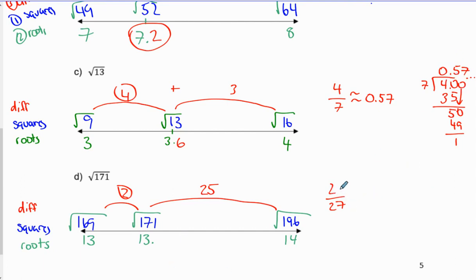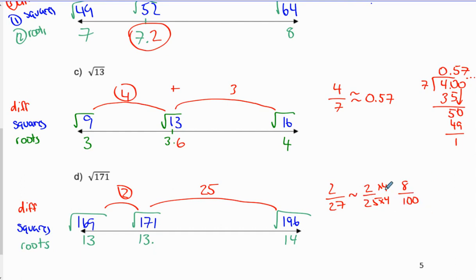Now for this one, I would do something maybe a little bit different. Instead of doing some quick division, 2 over 27 is really close to 2 over 25. And I know 2 over 25, if I multiply both of these by 4, is going to be 8 over 100, right?